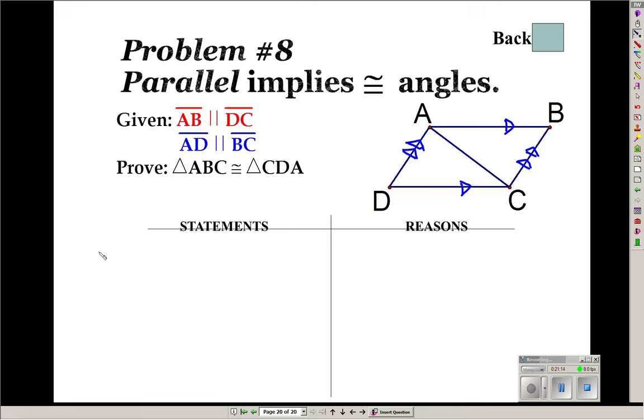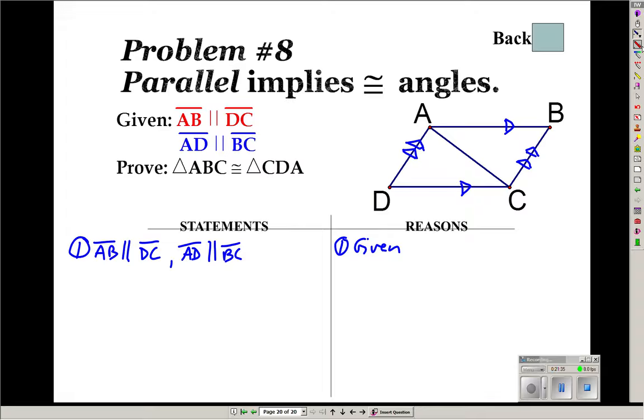Now they didn't tell us any pieces are congruent, so I'm going to have to do a lot of thinking here. Well, let's start with what we're given though. Segment AB is parallel to segment DC, and segment AD is parallel to segment BC, because we're given that.